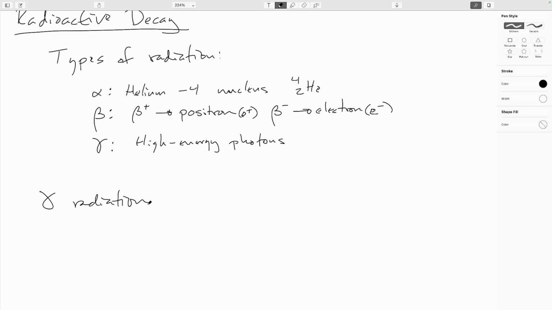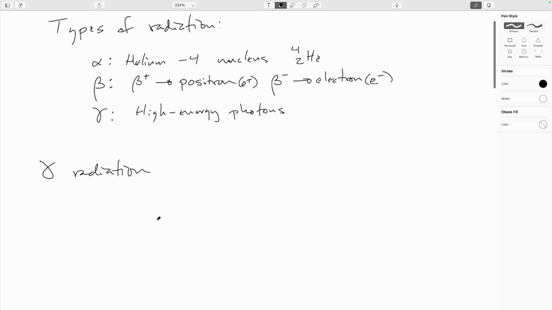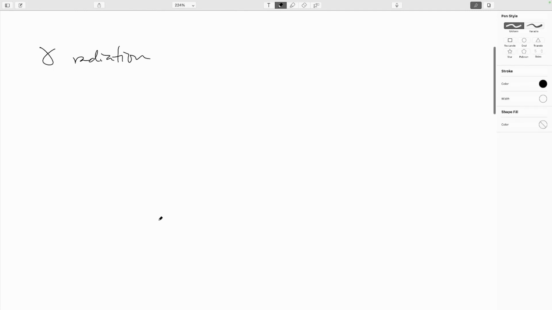Now, we encountered this already when in the unit on relativity, we were looking at the proton-proton chain that was occurring in the sun. And at that time, we said that one of the steps in the proton-proton chain was that a helium nucleus would get together with a hydrogen nucleus, a hydrogen 2 nucleus, which is also known as deuterium.